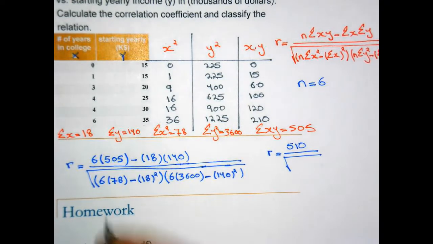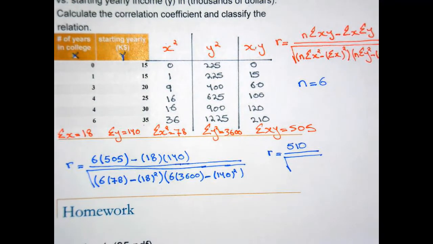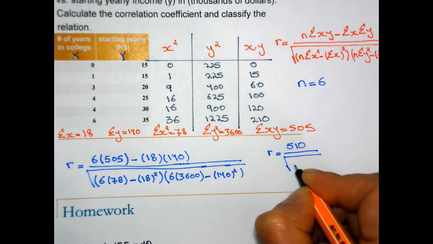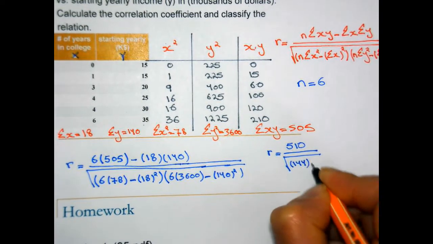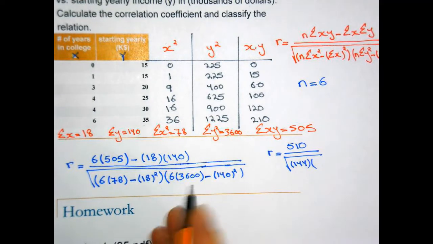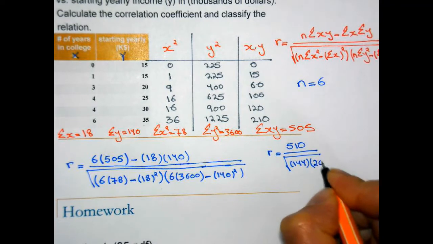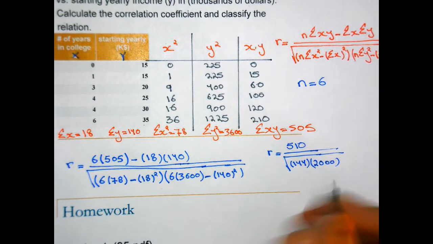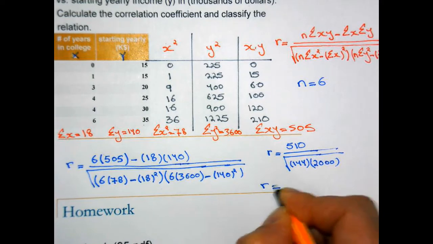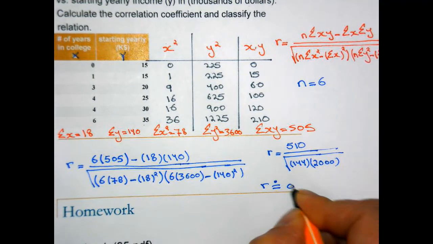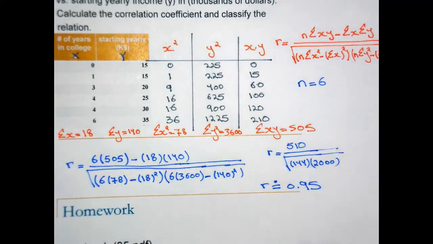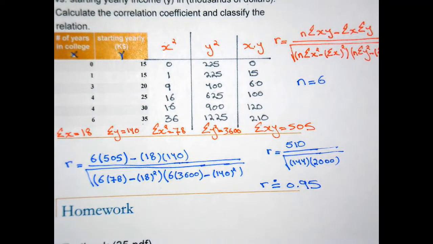Square root of, you can do this first bracket first, which is 6 times 78 minus 18 squared, which is going to be 144, times the second bracket, which is 2000, and the answer will be R is approximately 0.95.